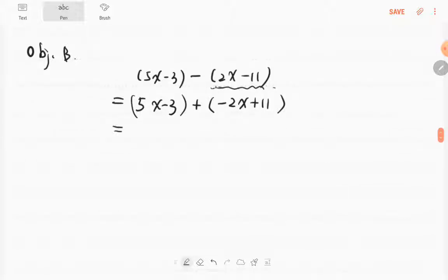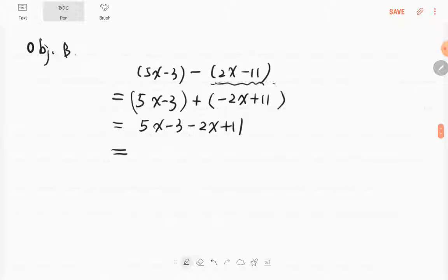After that, we could treat it as the addition. We could remove the parentheses. After that, we only need to combine the like terms. So we have 5x minus 2x. We will have 3x. And the constant part will be negative 3 plus 11.